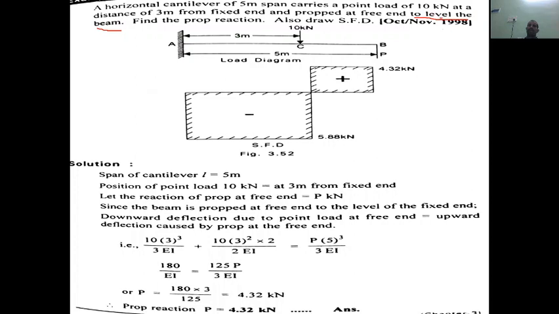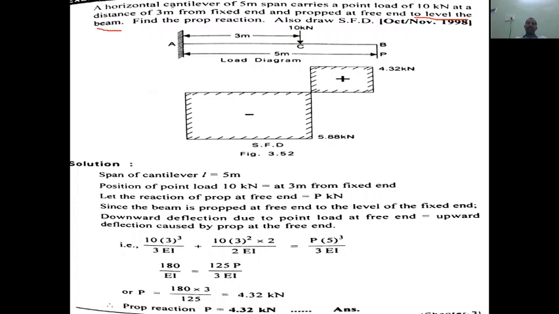That means the prop is supported without deflection by any amount. That is the main idea. Prior to placing the prop there was deflection, but by placing the prop, it is exactly to the level of A. We are not allowing any deflection at all. That is the main idea.